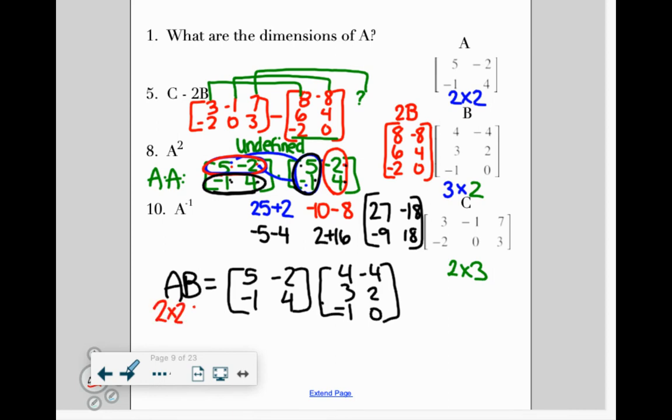And B, as we said earlier, is a 3 by 2. So this shouldn't work because these inside dimensions don't match.